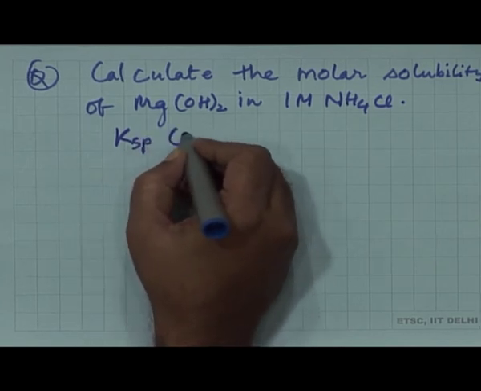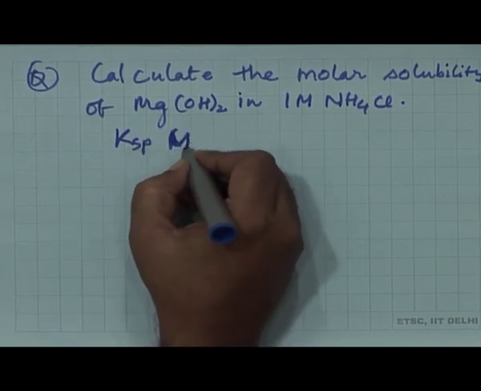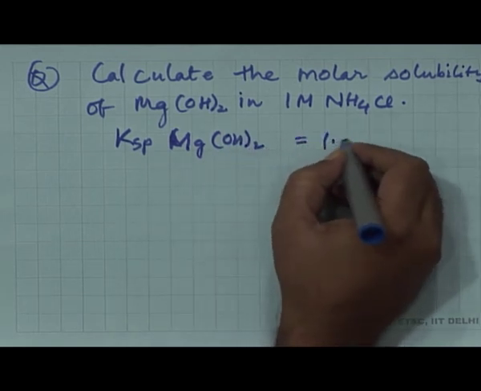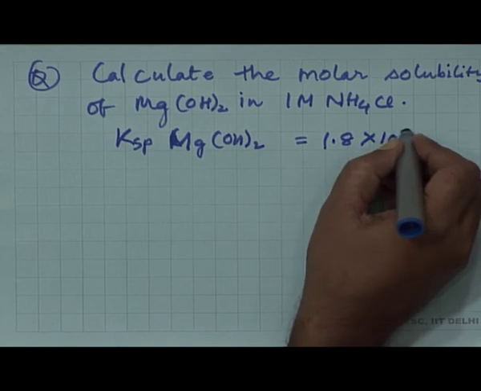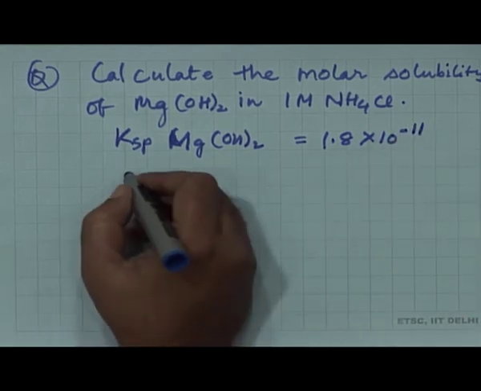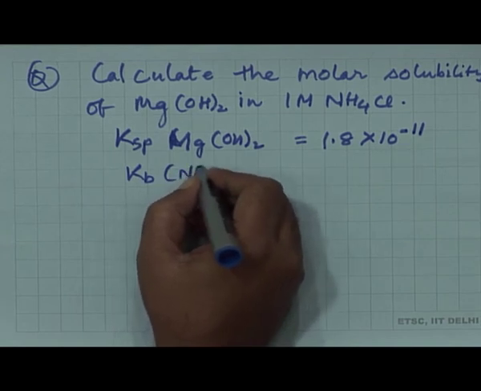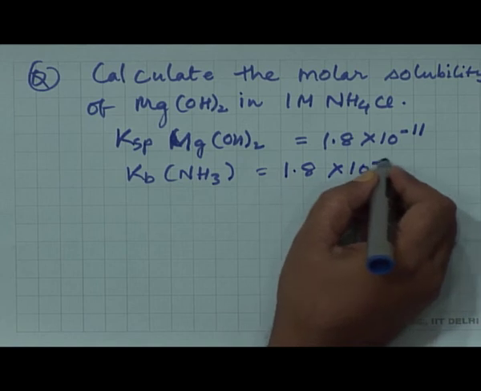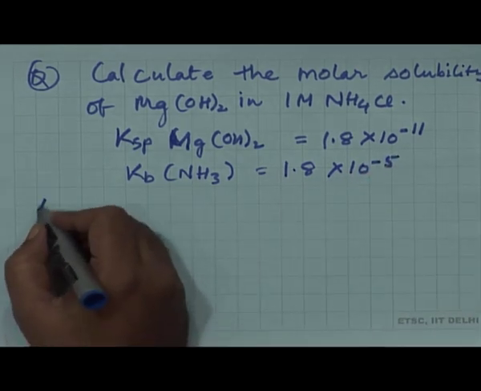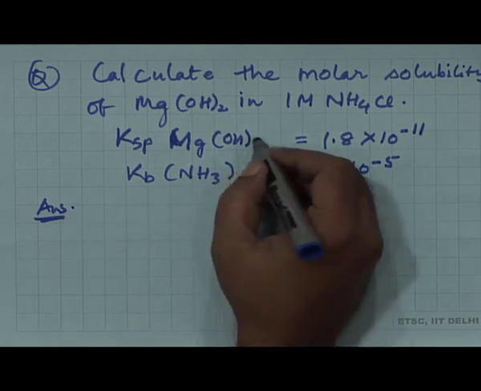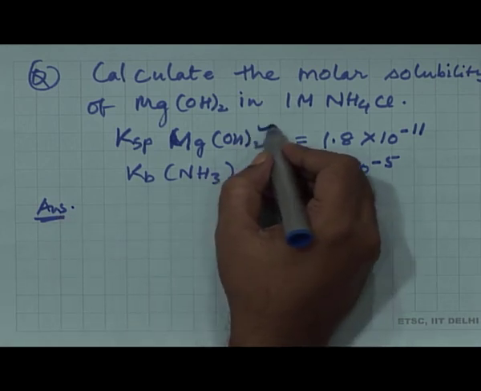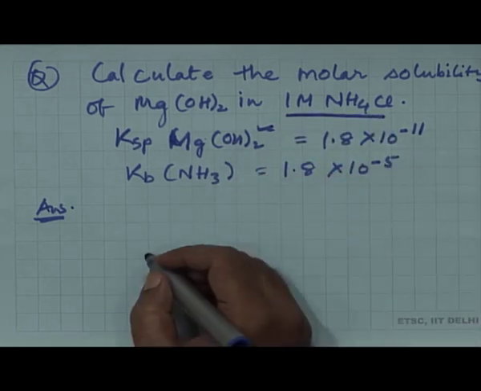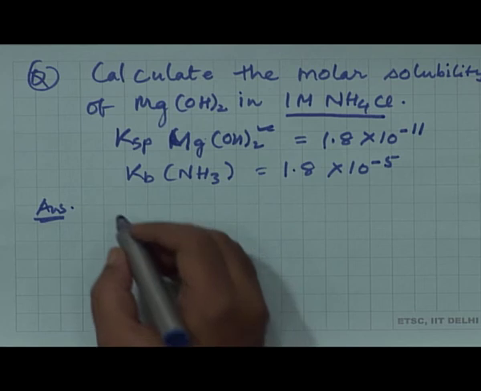Ksp of Mg(OH)2 is given, and that is 1.8 into 10 to the power minus 11, whereas Kb of ammonia is given, which is 1.8 into 10 to the power minus 5. We need to calculate the solubility of Mg(OH)2 in 1 molar ammonium chloride solution.